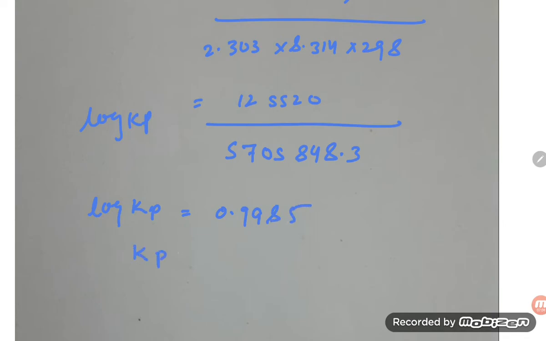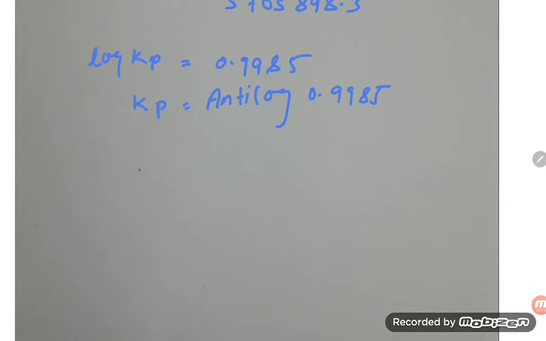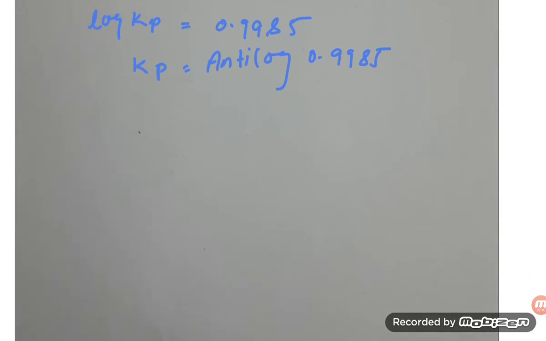Up Kp is equal to, this log will go that side, so it will come nt log, how much? 0.9985. So this value nt log, right? So how much value is coming, student? Value is coming this, if you are simply adding, so Kp is equal to coming, student, 21.